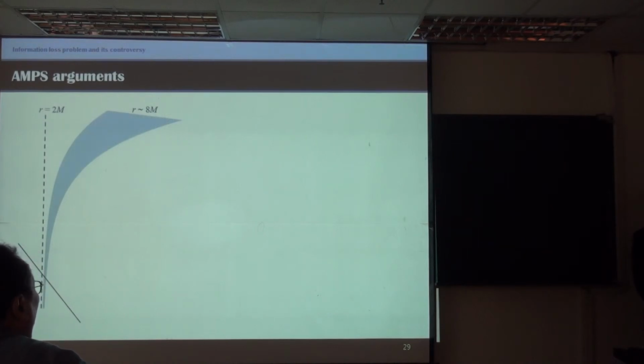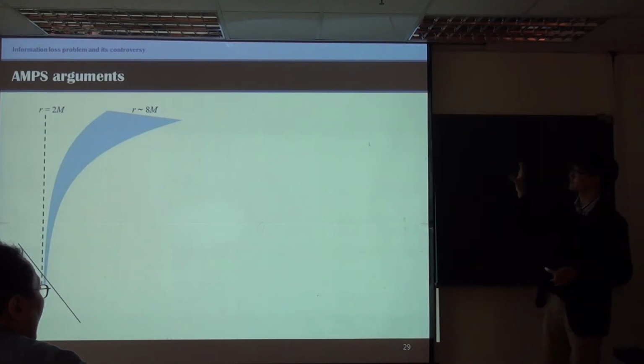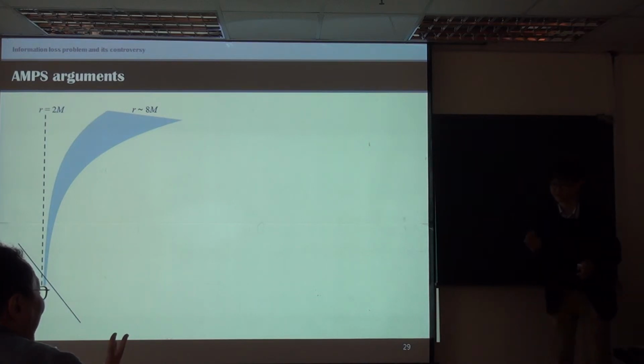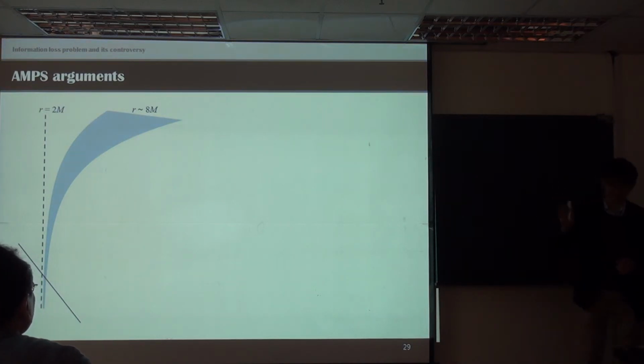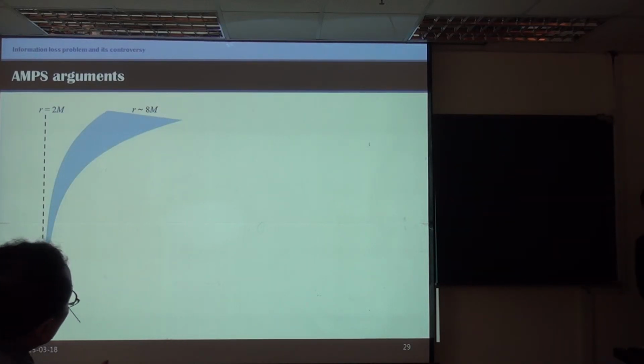A few years later, AMPS discussed that black hole complementarity is still inconsistent. So maybe this is quite conceptual. I will say this very quickly, and if you are interested, please see this slide later.